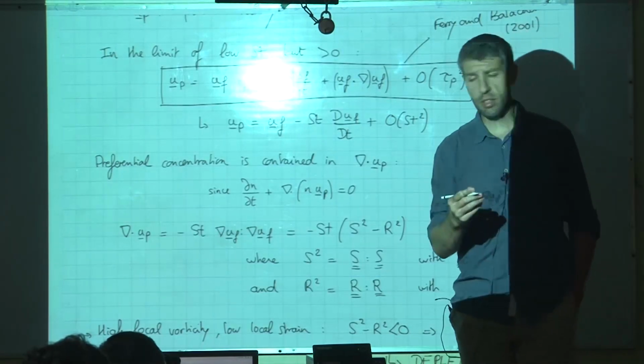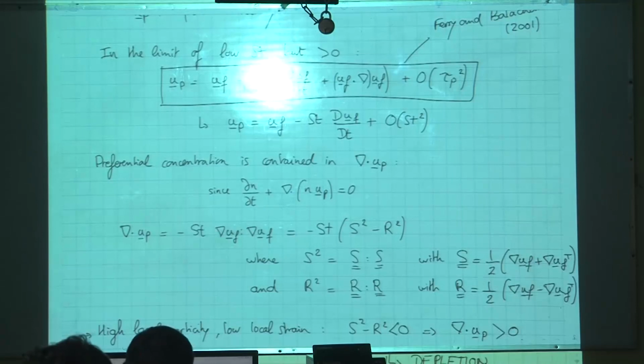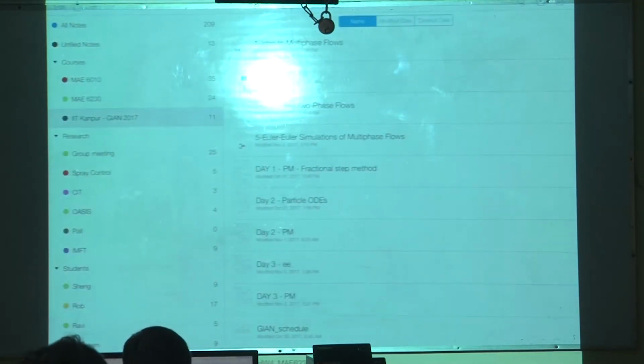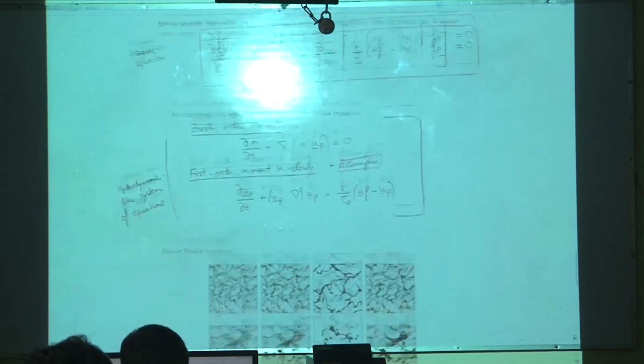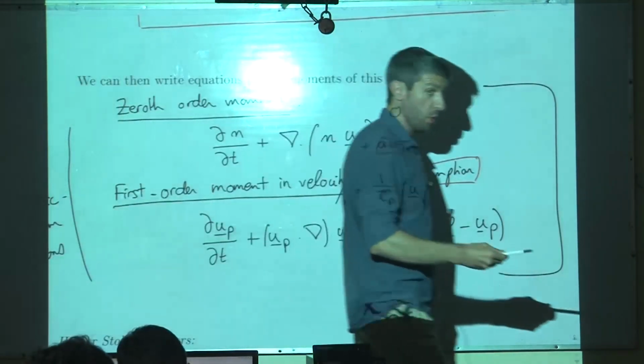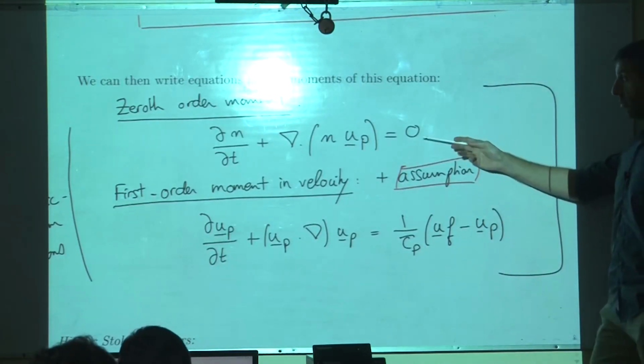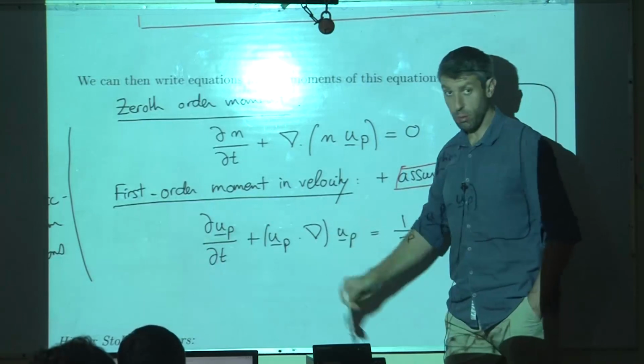So in a representation like this, if I go back, here, this would be the system of continuum equations that we will solve in the Eulerian phase for the particles. We're solving for n and up simultaneously.